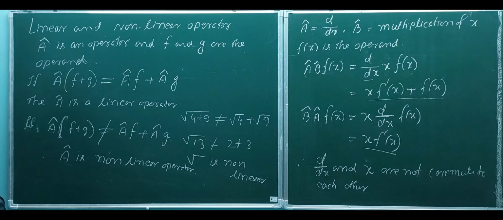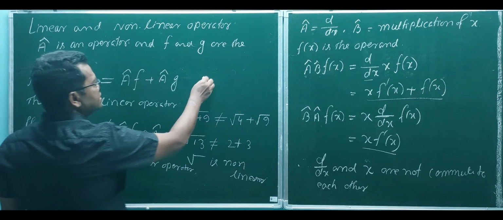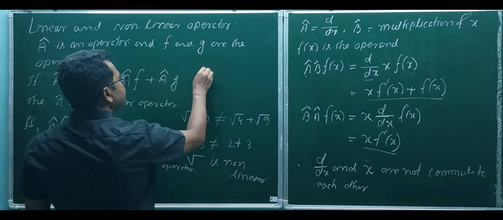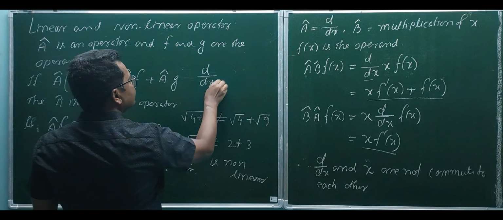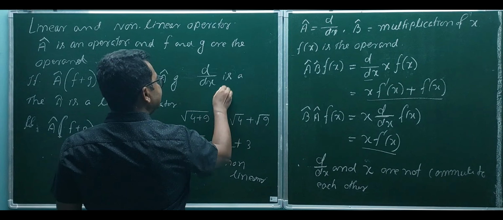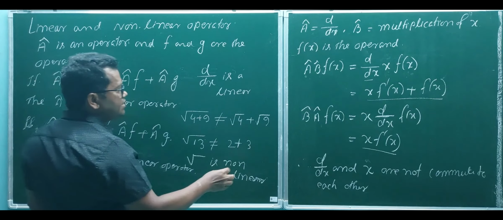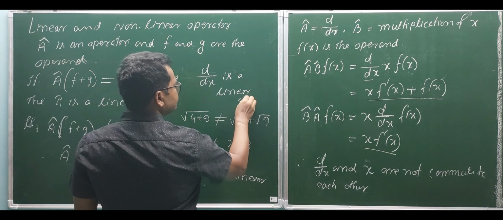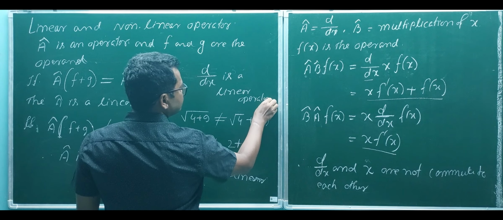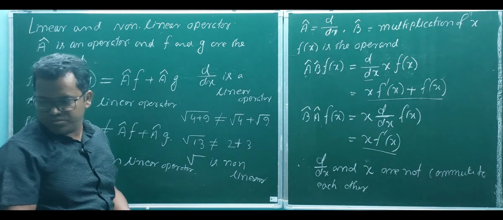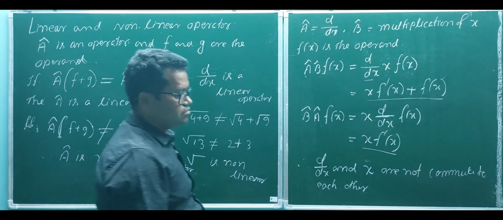I think you've understood. So what is the example? Say the example d/dx. Here d/dx is a linear operator. d/dx is a linear operator. So you can prove it directly.